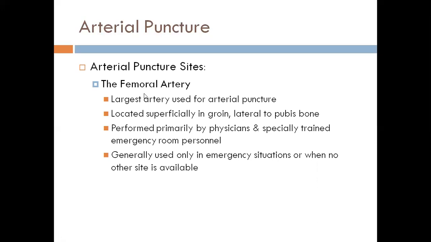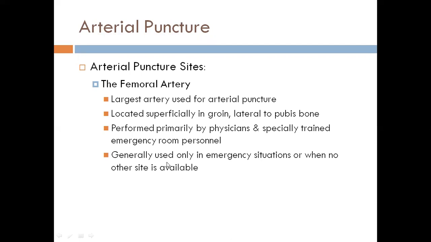Like for example, this femoral artery cannot be performed by your RT, by the medtech, level 2 phlebotomist, even though they have their training on performing arterial puncture. Puncturing the femoral artery is performed again primarily by physicians and specially trained emergency room personnel.